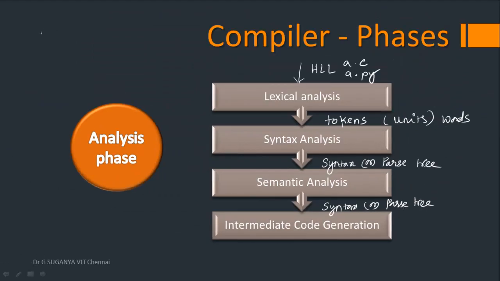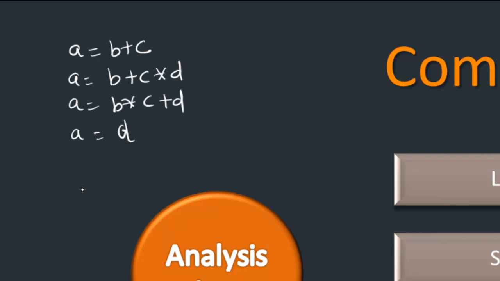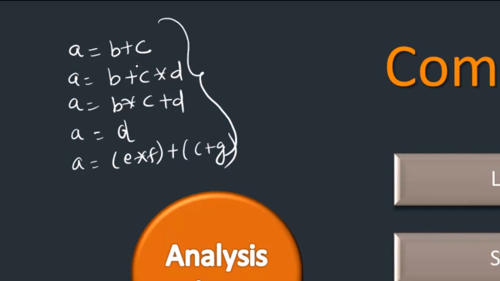For example, an arithmetic expression could be a = b + c. You can have a statement like a = b * d. Statements can be of the form a = d, a = e * f + c + g. There is no restriction on the number of symbols or the place of the operator that you can use.